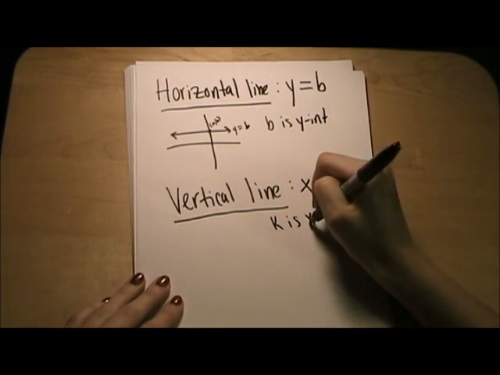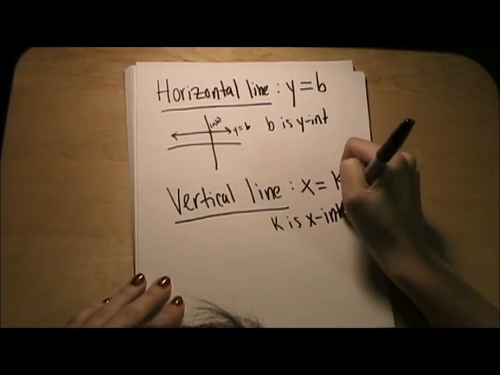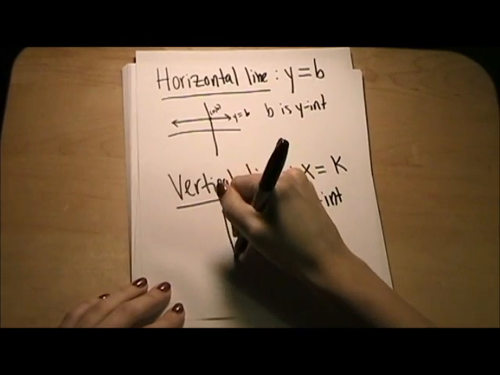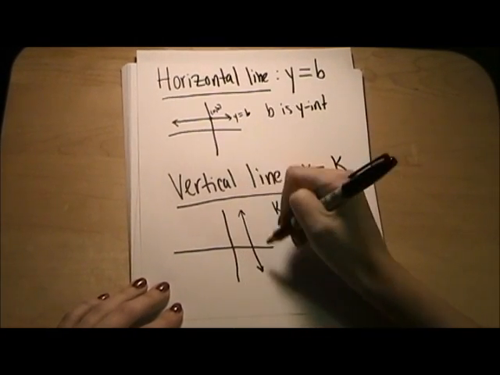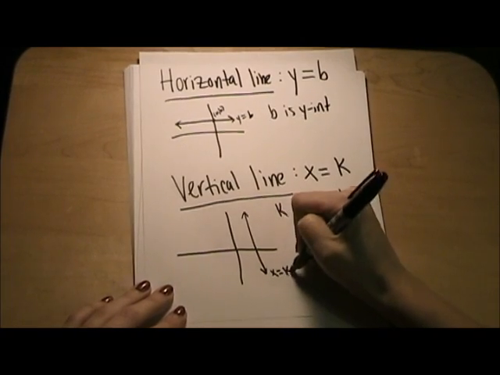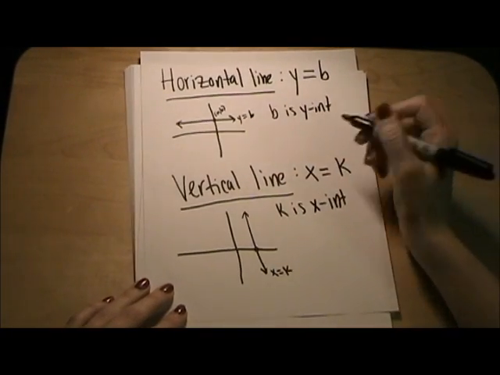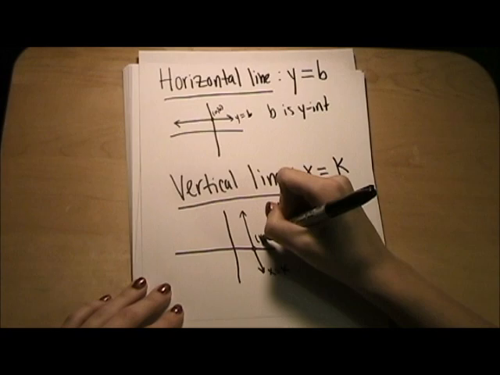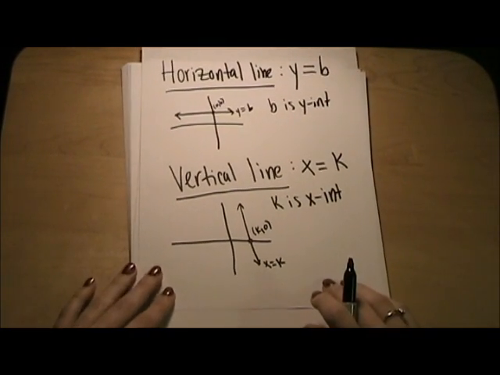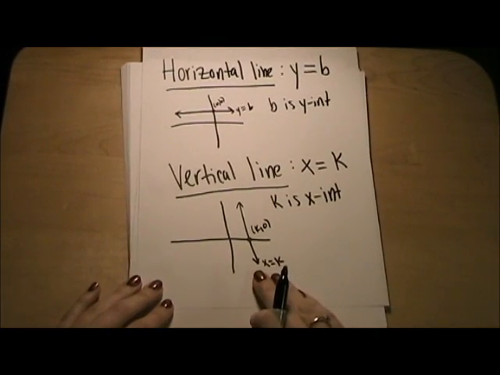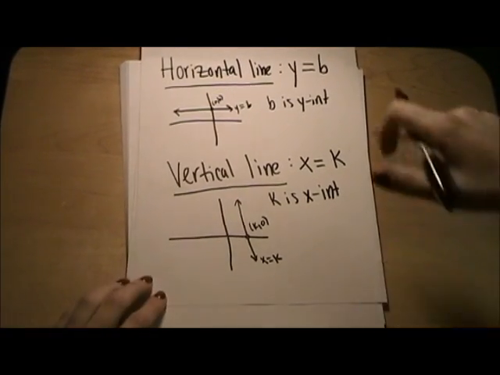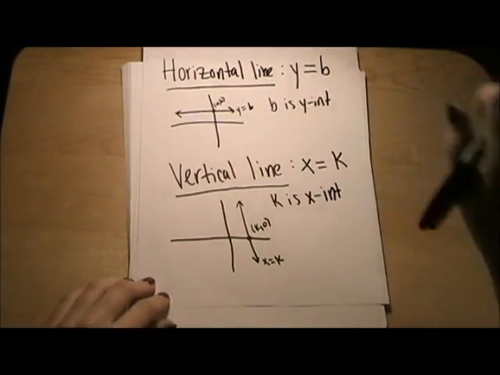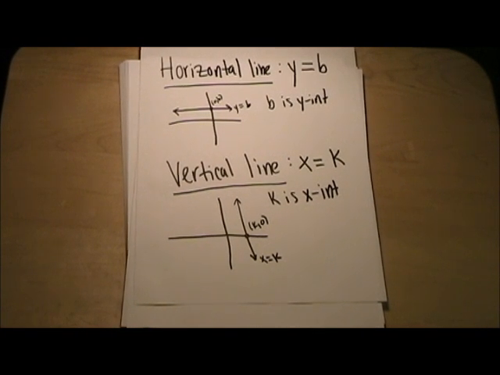K is the x-intercept. So we have this line, x equals k. It crosses the x-axis at k comma 0. Doesn't have a y-intercept because it will never cross the y-axis. Doesn't have an x-intercept because it never crosses the x-axis.